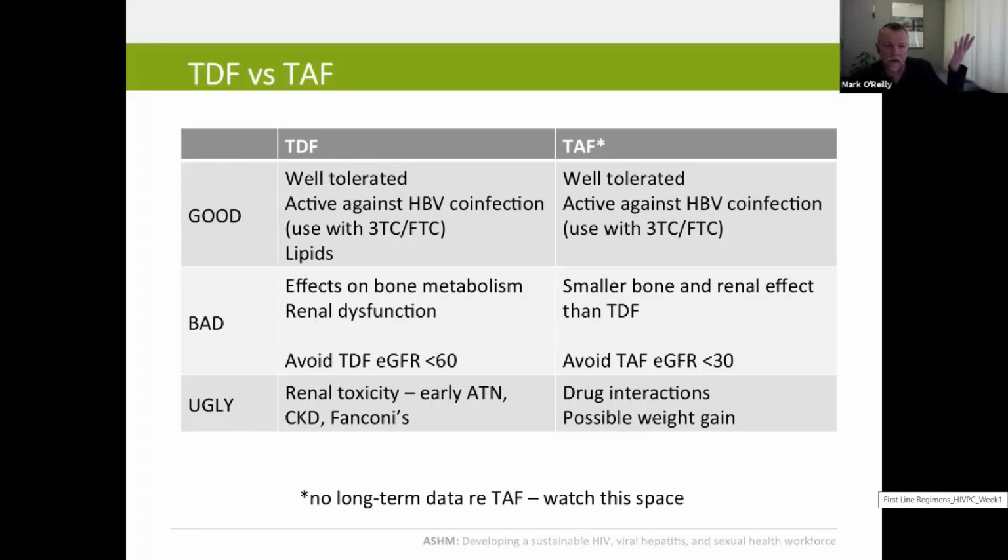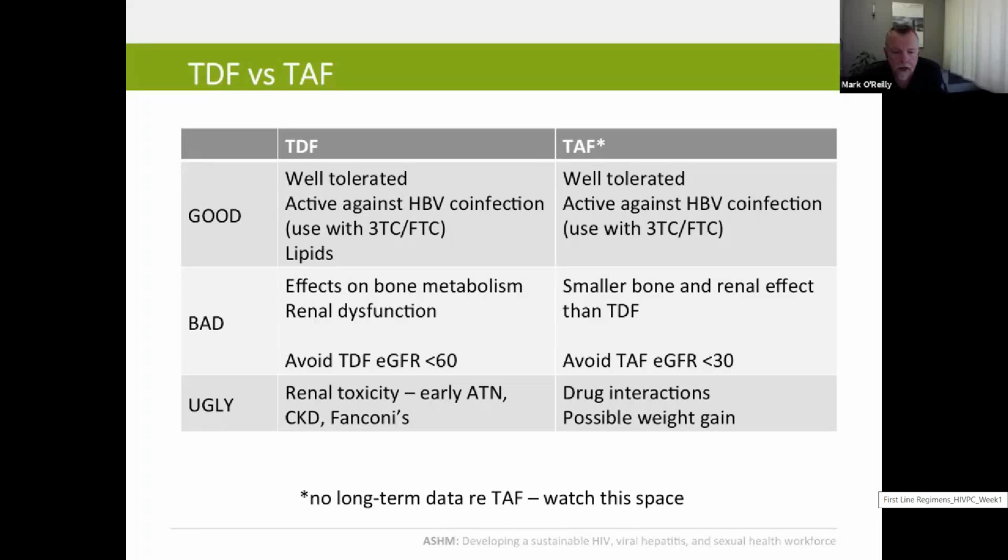TAF, on the other hand, it's important to note that TAF is a significantly newer drug, and so we don't have the long-term safety data for TAF that we do with TDF, and it's something we are continuing to monitor. TAF is well tolerated, and like TDF, it's active against hepatitis B co-infection, and you would always use it with another drug that is active against Hep B. It has less of an impact on bone density and a more favourable renal side effect profile.